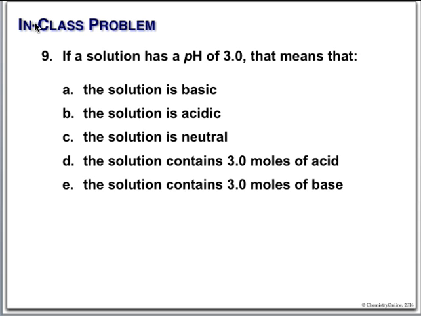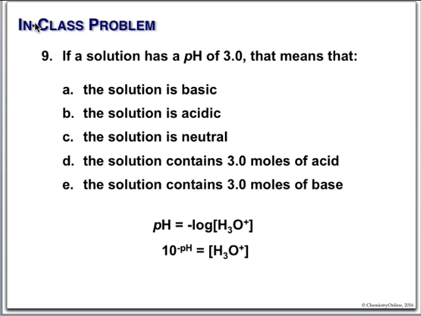That was neutral. If it's less than 7, it's acidic. If it's more than 7, it's basic. Here's our equation. Our pH is minus log hydronium. Take the antilogs. Here's our 10 to the minus pH, that's hydronium.